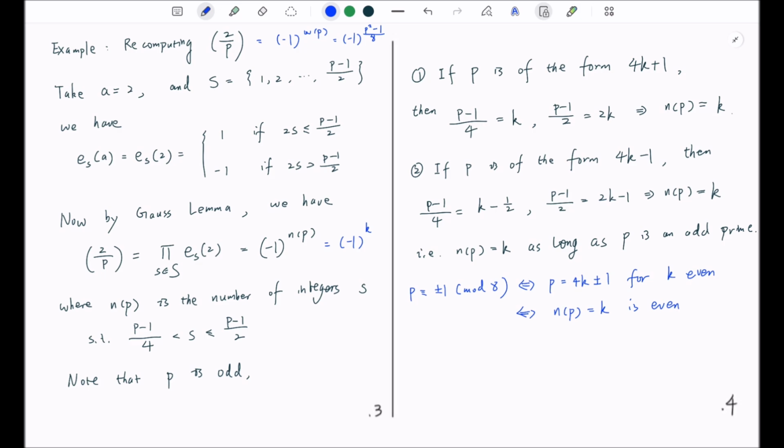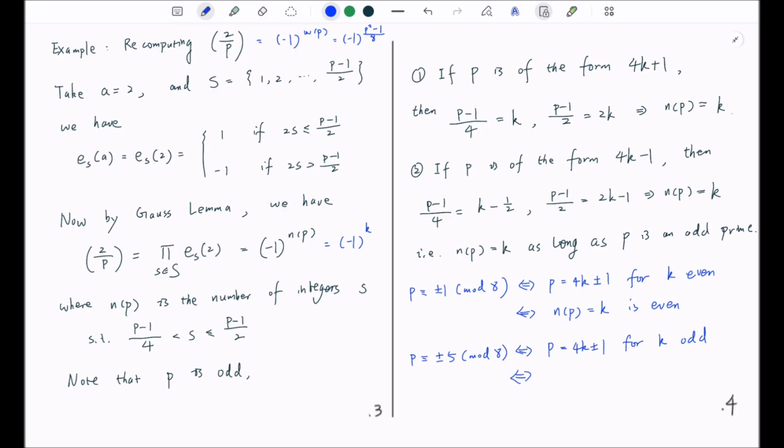In the second case, p congruent to plus or minus 3 modulo 8. This happens if and only if p is equal to 4k plus or minus 1 for k odd.